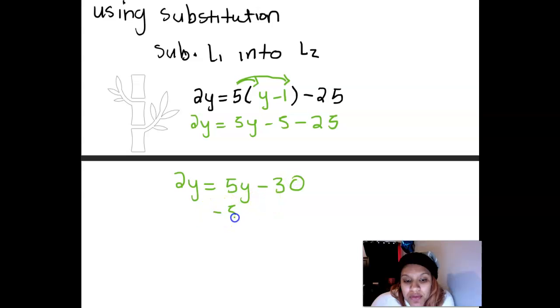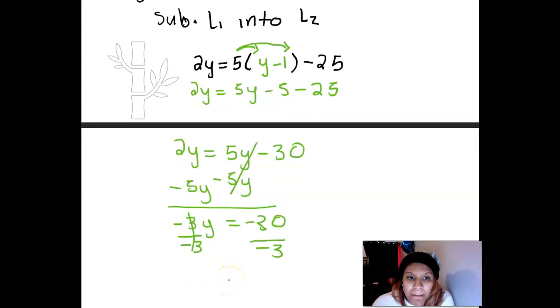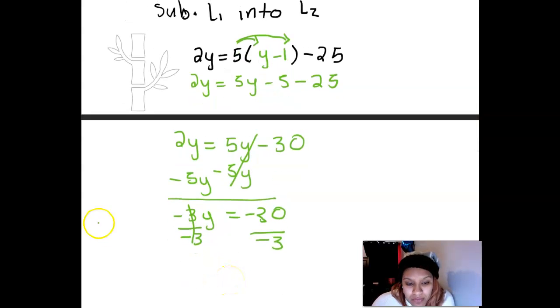I'm going to subtract the 5y to the left, that way I have all my y's on the same side. Gives me -3y equals -30. And then I am solving for y, so I'm going to divide both sides by -3. So y equals positive 10.